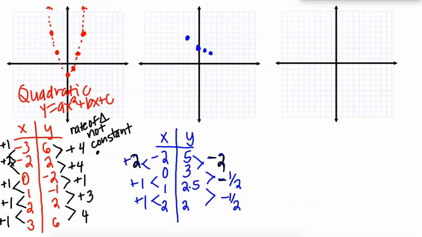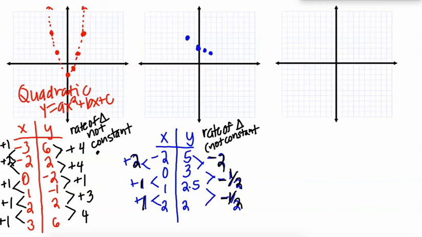But negative 1/2 over 1 is negative 1/2. This rate of change is iffy. So I'm going to say it's not constant. It's close though.